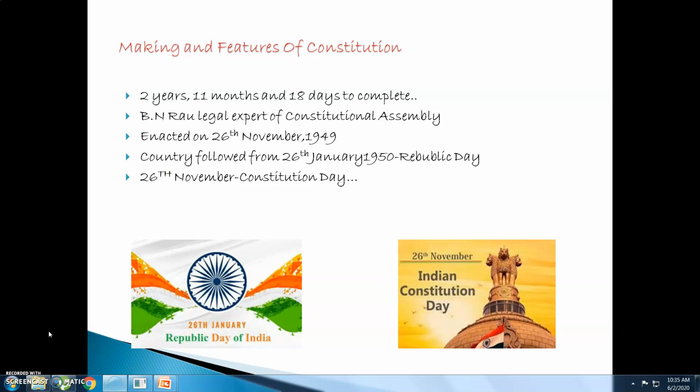India became free on 15th of August 1947. Till then, India was also following rules and laws made by the Britishers. Since the work of the Constitution was completed on 26th of November 1949, it came into effect in the month of January, that is 26th of January 1950.